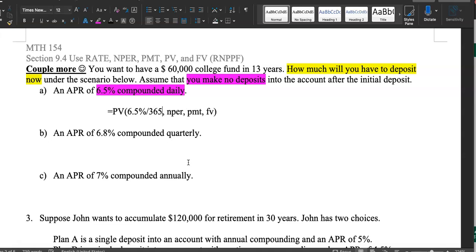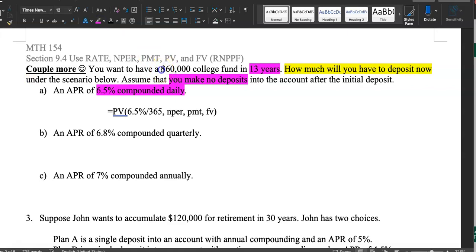365. Why? Because for daily, the number of compounding periods per year is 365, because we have 365 days. Now, N per, how many days do we have in what? I'm sorry, I forgot to highlight a couple important things. They said they want to have that $60,000 in 13 years.